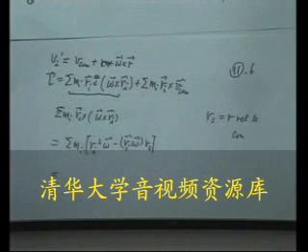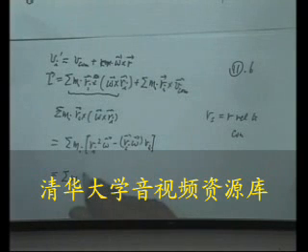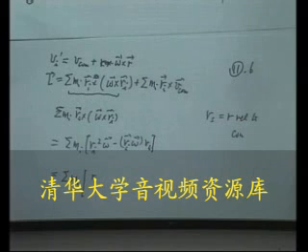And I shall write this in the following fashion as summation of mi. We are going to write interchangeably vector notation and matrix notation.